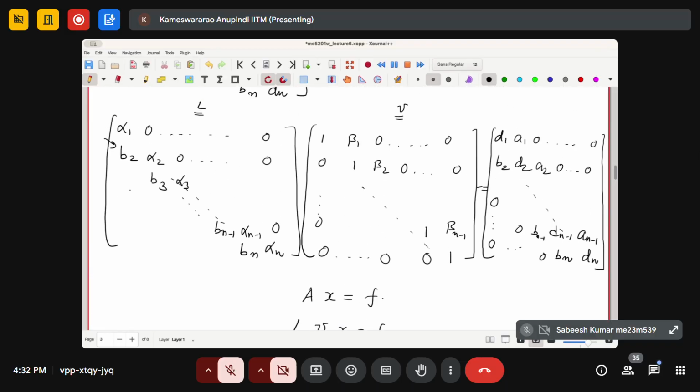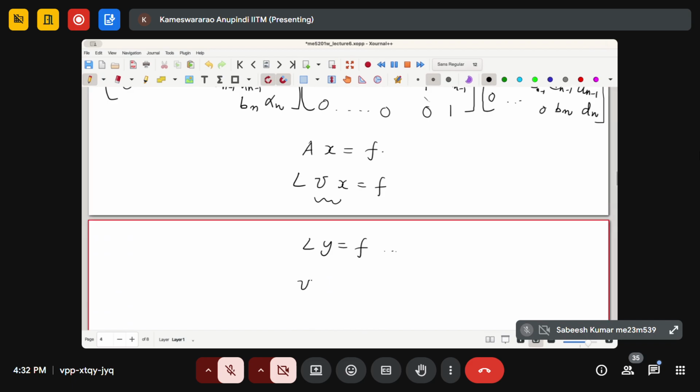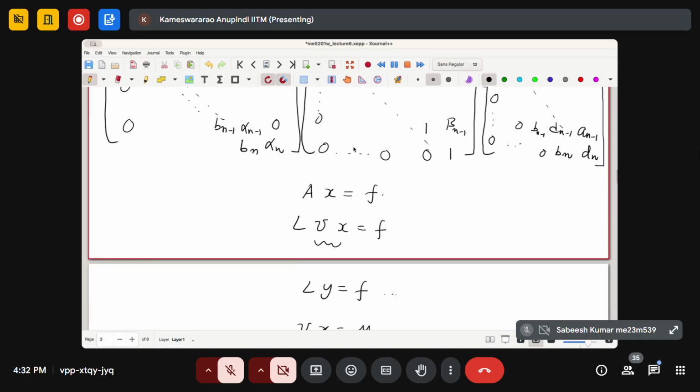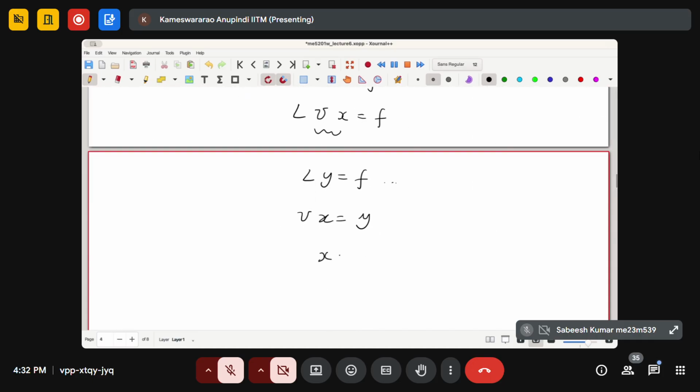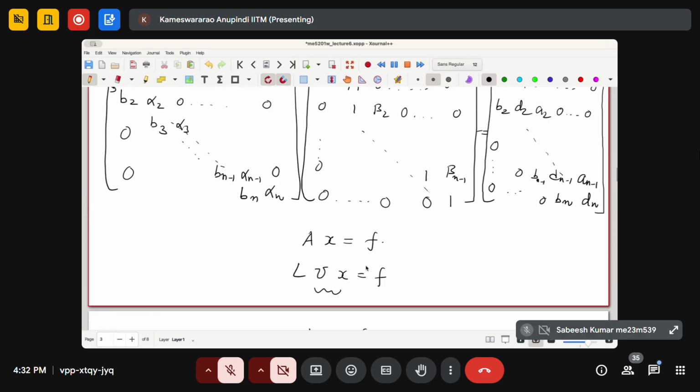And we realize that forward substitution is now much easier because it has only two diagonal elements as non-zero, everything else is zeros. So once you solve for y, then you solve Ux equals y, the upper triangular matrix times x. That means solve for x. Again, we realize that the upper triangular matrix only has two non-zero diagonals, then calculate x. Okay, that is the solution procedure that we are going to adopt.